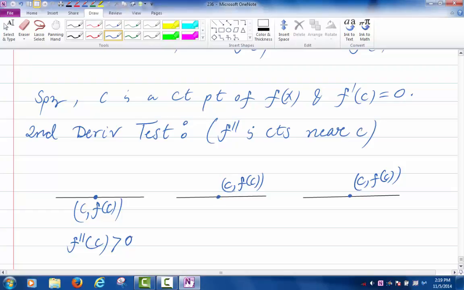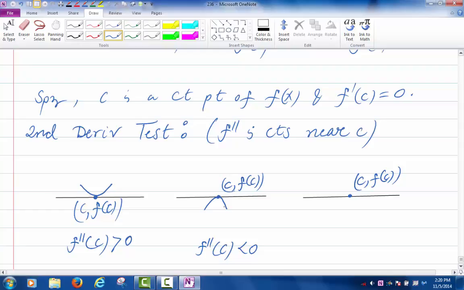Second derivative at c is positive means the function is concave up, which means the graph must look like this, in which case at c what do you have? Local min, right? On the other hand, if you know that the second derivative at c is negative, now the graph would be concave down near c, in which case you have what? Local max.